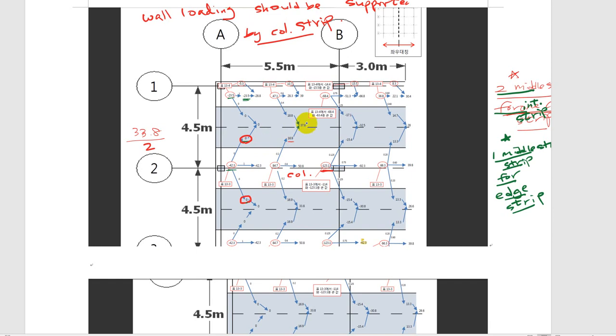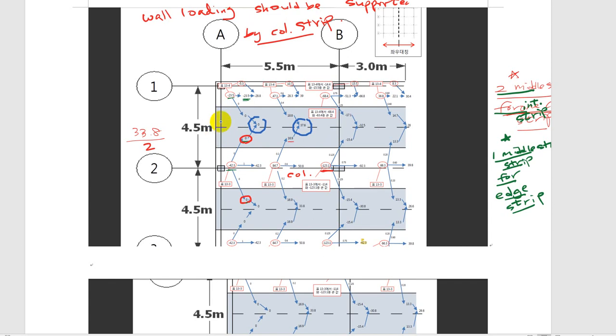So this number was coming from this column strip, and this number came from this column strip. Once they are in this middle strip, they are now family. They are added, and there's nothing added for the exterior moment of the exterior span.